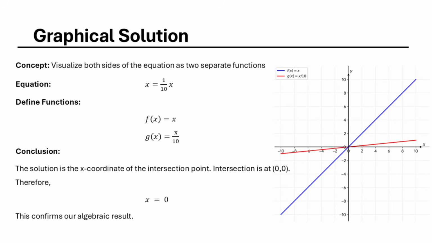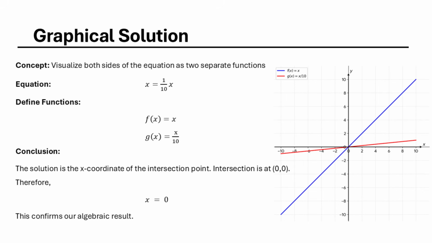Now let's look at the second function, which represents the right side. g of x equals 1/10 of x. This is also a linear function, and it also passes through the origin, 0, 0. However, its slope is only 0.1, which is 1/10 as steep as the first line. On a graph, it's a very flat, almost horizontal line compared to f of x.